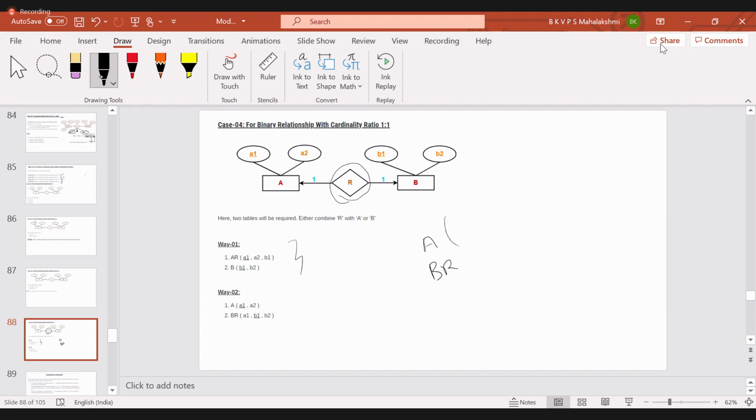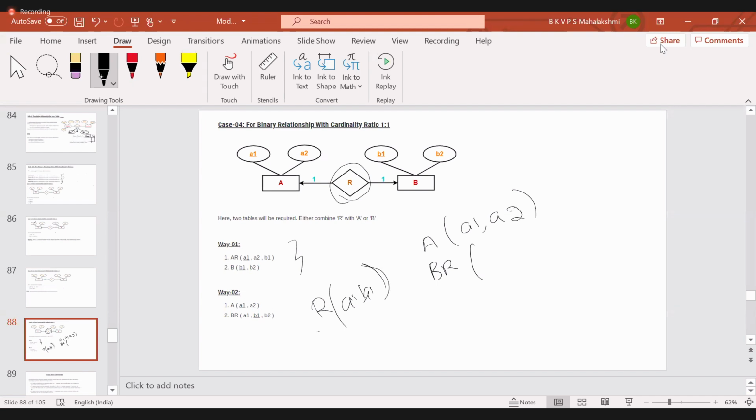In A, I'll automatically consider only the attributes of the entity A. But if I combine this relationship, it will reduce our work. If you don't know, then you will take one more relational table and specify A1, B1.